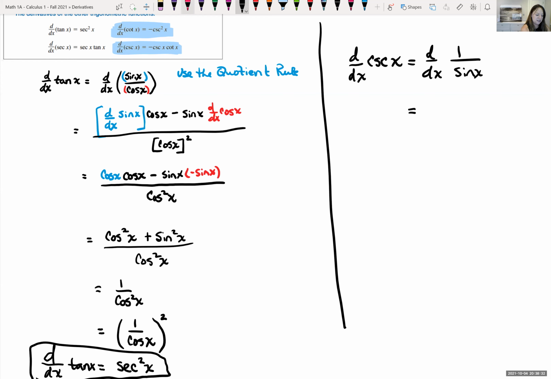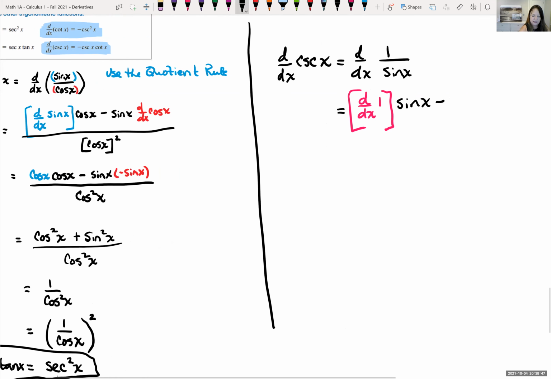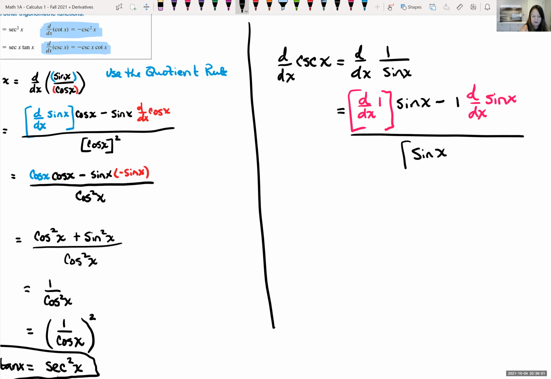So the quotient rule says the derivative of my numerator, well, d/dx of 1, a constant, is going to give me 0, times my denominator, sine of x, minus my numerator, so minus 1 times the derivative of my denominator, so d/dx of sine x, all over my denominator quantity squared.